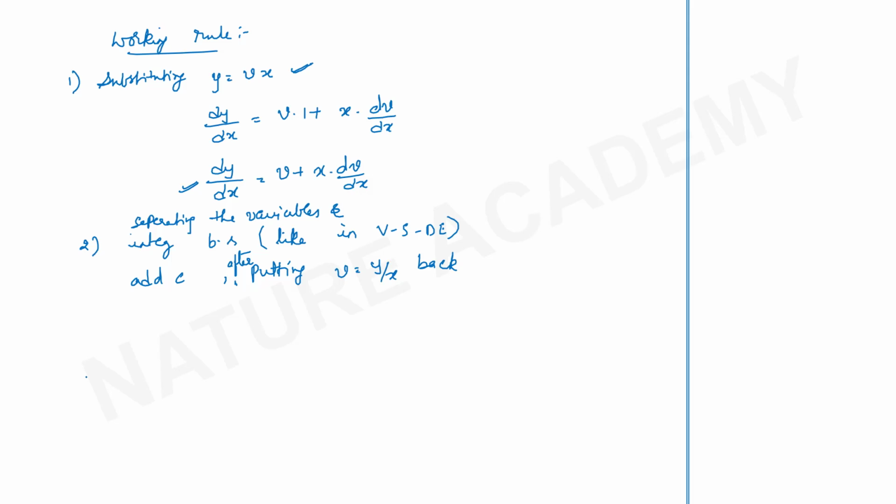If we do one example, you can understand it in a better way. The example is (x square minus y square) into dx plus 2xy into dy is equal to 0. Now you can rewrite this equation. You can rewrite it as (x square minus y square) into dx is equal to minus 2xy into dy, or dy by dx is equal to minus (x square minus y square) by 2xy.